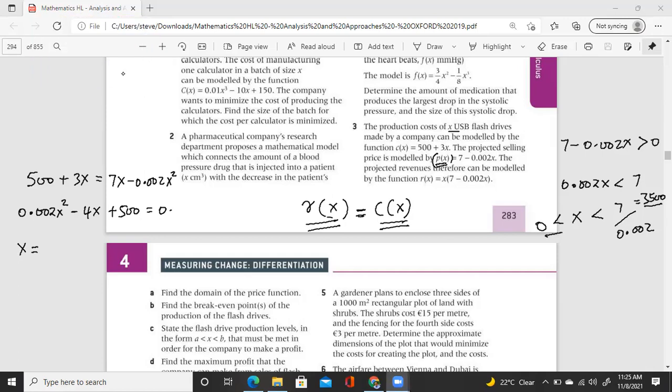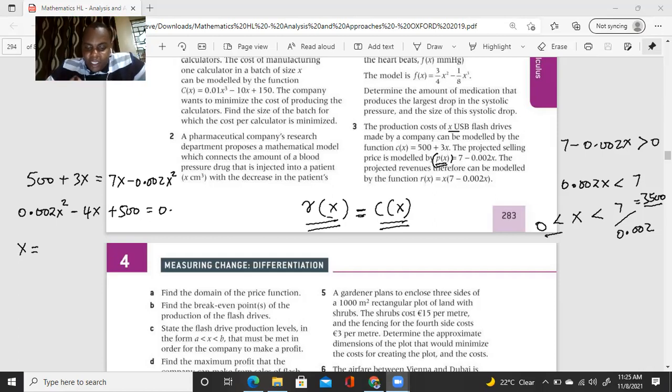Okay, there's one intersection at 133 or 134, and the other one at 1866. So what did you get? Okay, I got two x values. One is 134 and the other one is 1866. Roughly, yeah.